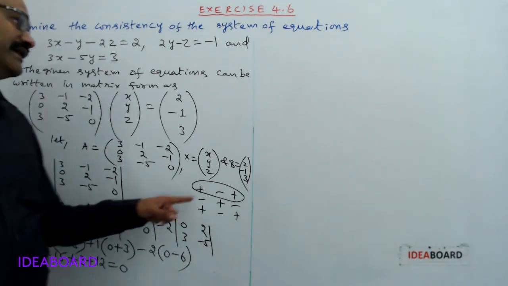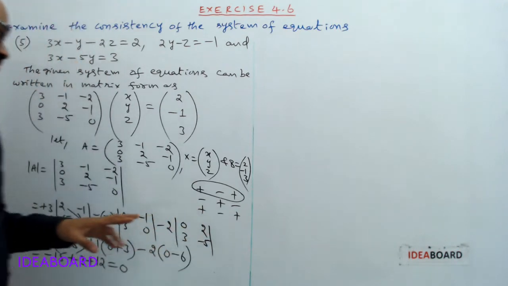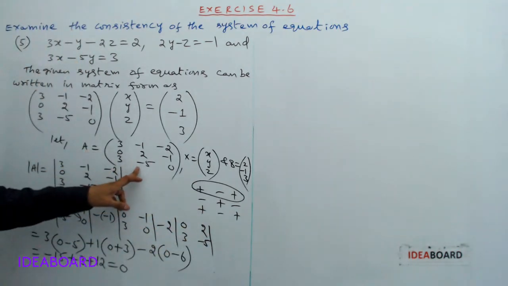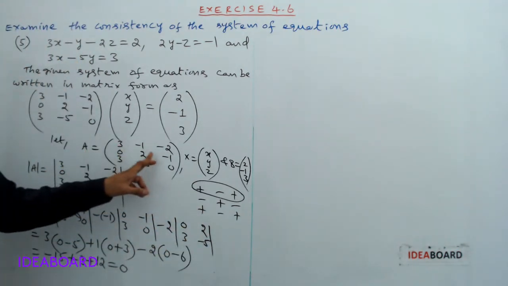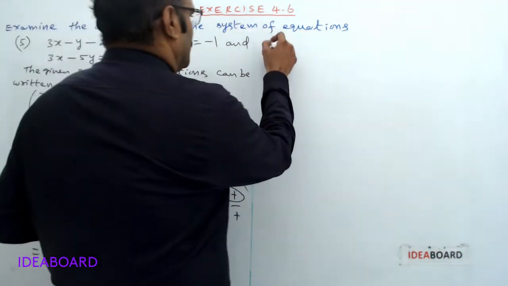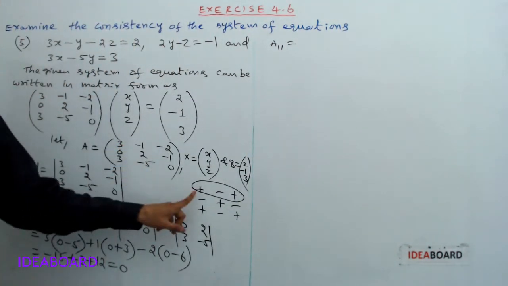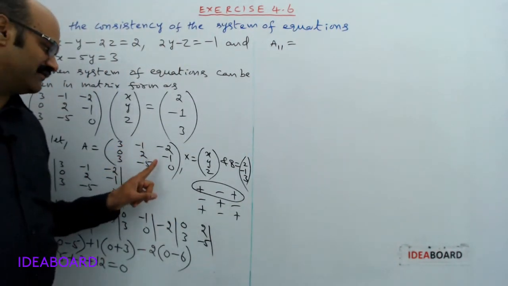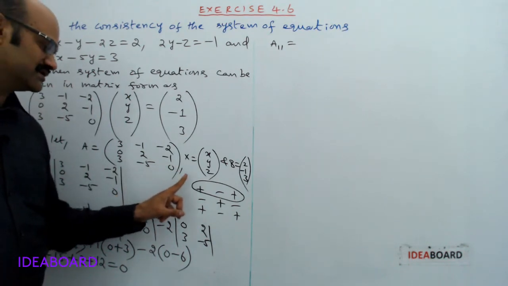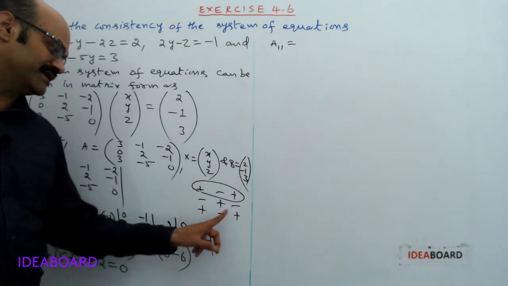So now here we have to find adjoint of A into B. To find adjoint of A, we have to find the cofactors of each and every element. A11 equal to cofactor of 3. While finding the cofactors of a 3 by 3 matrix, we have to take the signs plus, minus, plus, minus, plus, minus, plus, minus, plus.